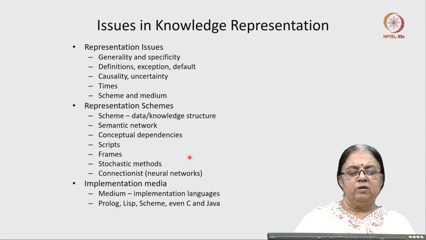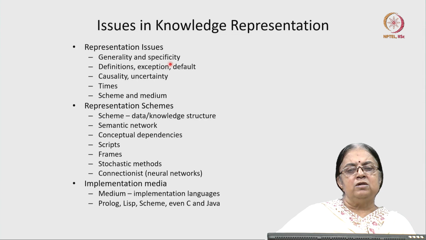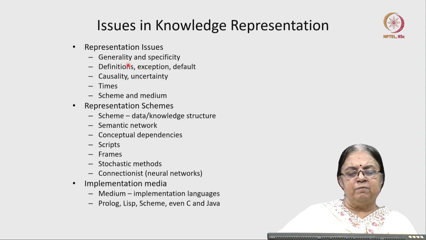So, what are the issues that we need to discuss when we talk about knowledge representation? First of all, the representation issues like generality and specificity. When you are talking about a concept or an object, there will be something which is generally true for all such objects.